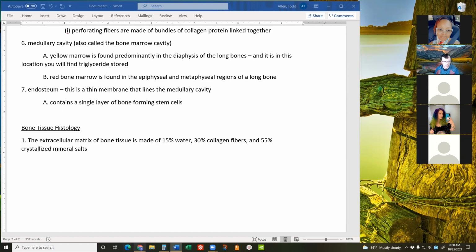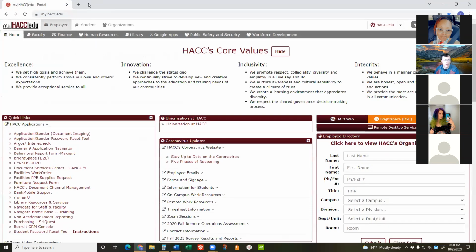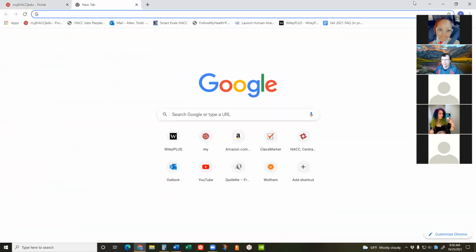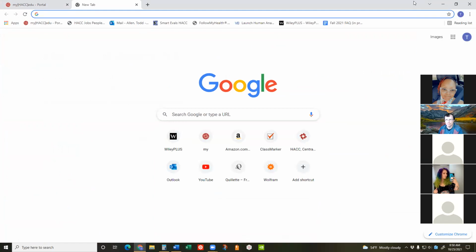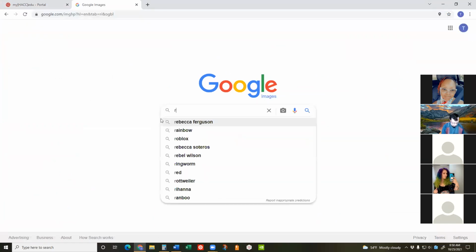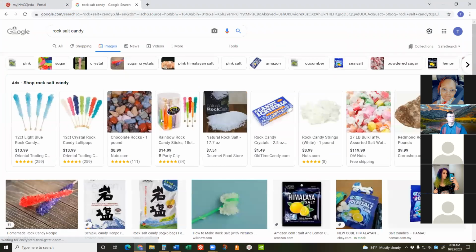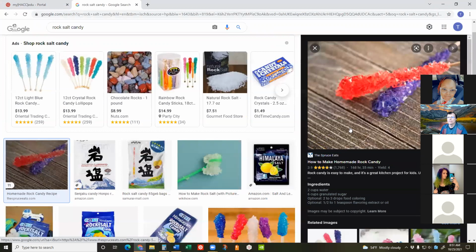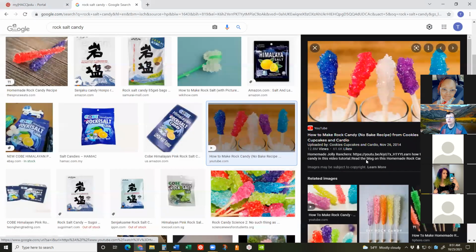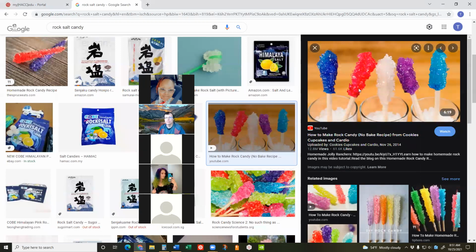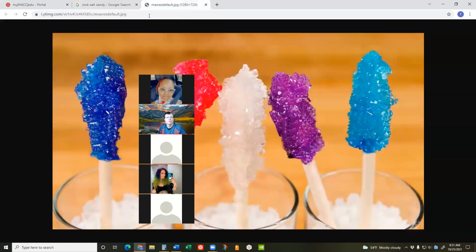So let's see if we can find an image of rock salt candy. Let's see. Here we go. Maybe this is a better image. Here we go. All right, so here's rock salt candy.